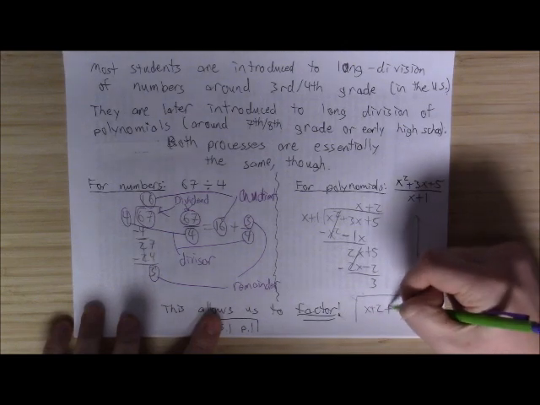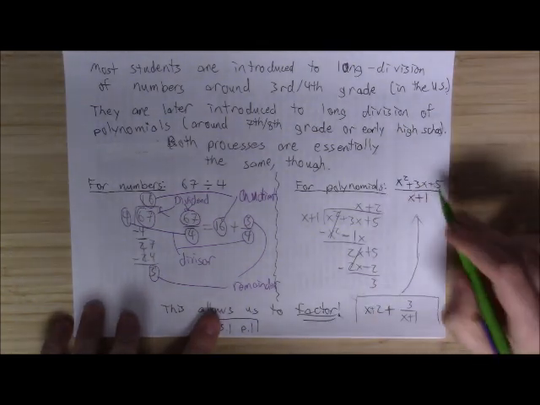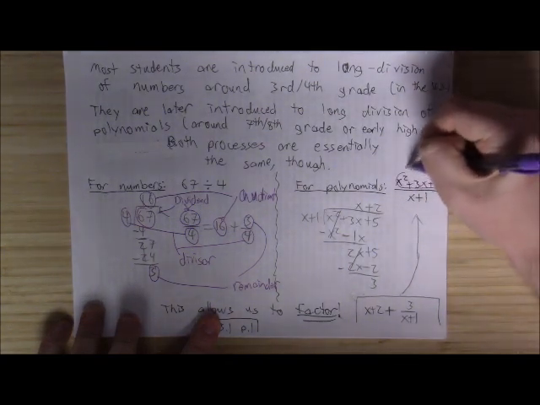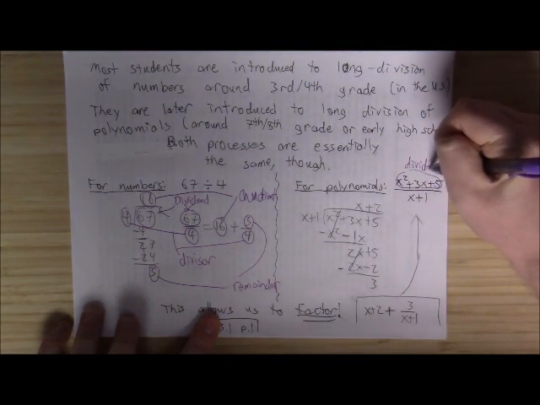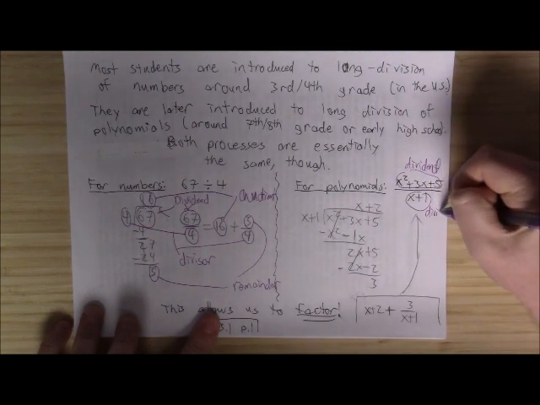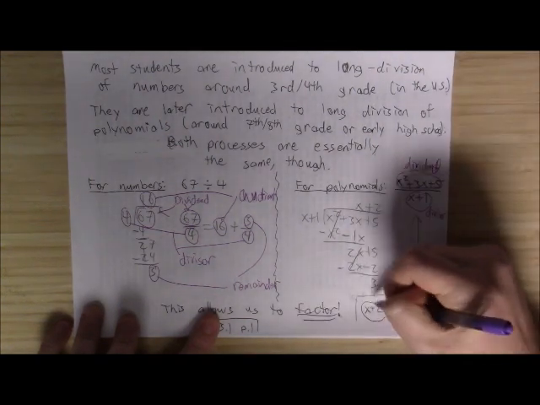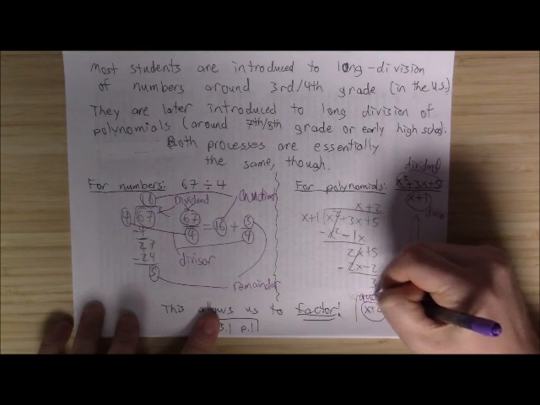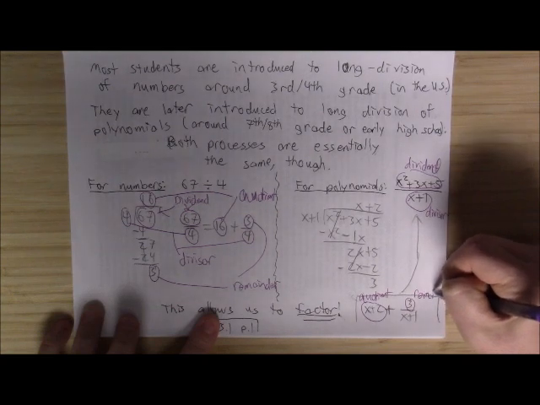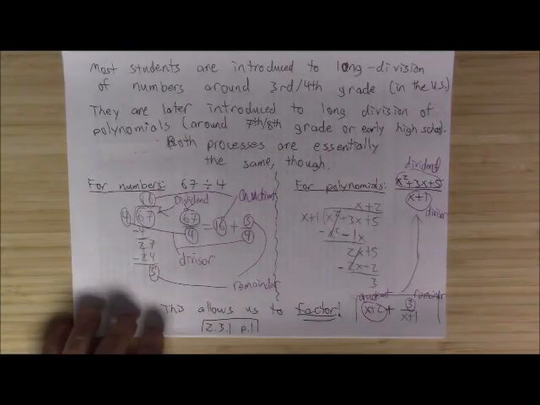Where again, this would be my dividend and divisor. This would be my quotient. And this would be my remainder.